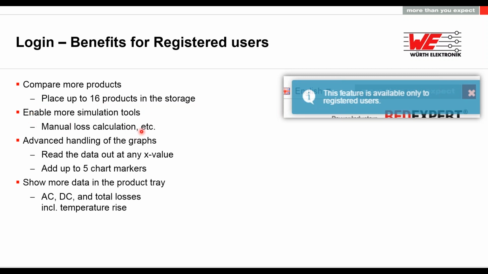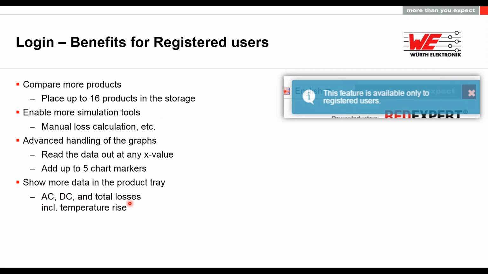You can enable more simulation tools, like for the inductor module, you can enable the manual loss calculations tool when you are a registered user, and also you can add 5 chart markers, as I explained before. This is only possible for a registered user.